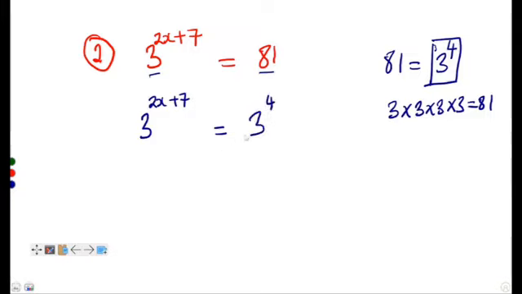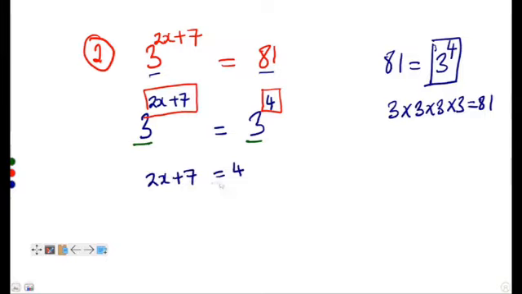So why are we doing this? We want to ensure that the bases are the same, so that we just equate the powers. We equate this power to this power because the bases are the same. So we write 2x plus 7 is equal to 4.